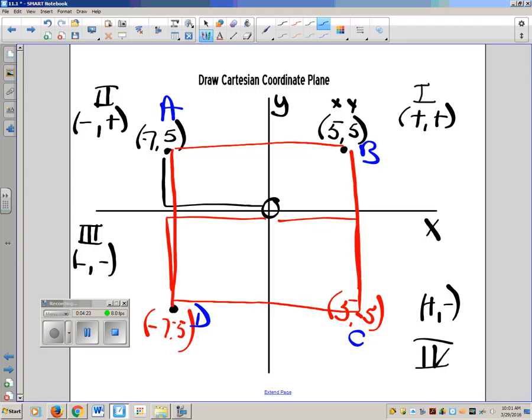D to C. Morgan? So we said from A to B was 12, but D to C is only 8? How far is it?